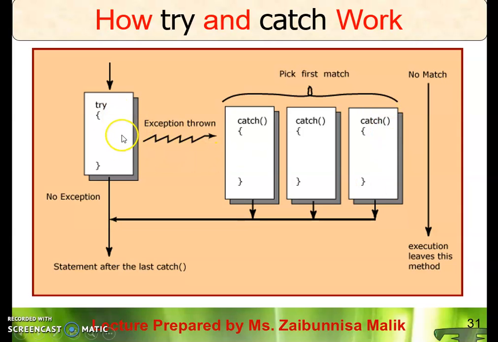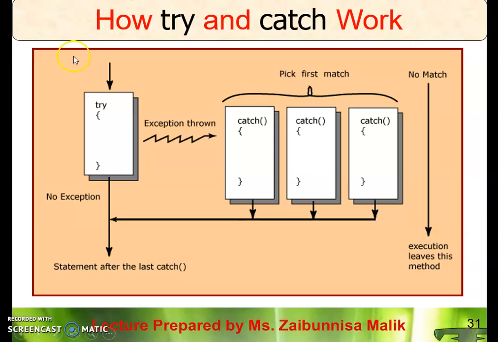If an exception occurs inside this try block, it will match that catch and then go to the statements after the last catch. If the second one is matching, it will go after the catch, right? Like this. If no match is there, execution leaves this method and it will go to the finally. If there is no exception, then directly it will go to the statement after the last catch.